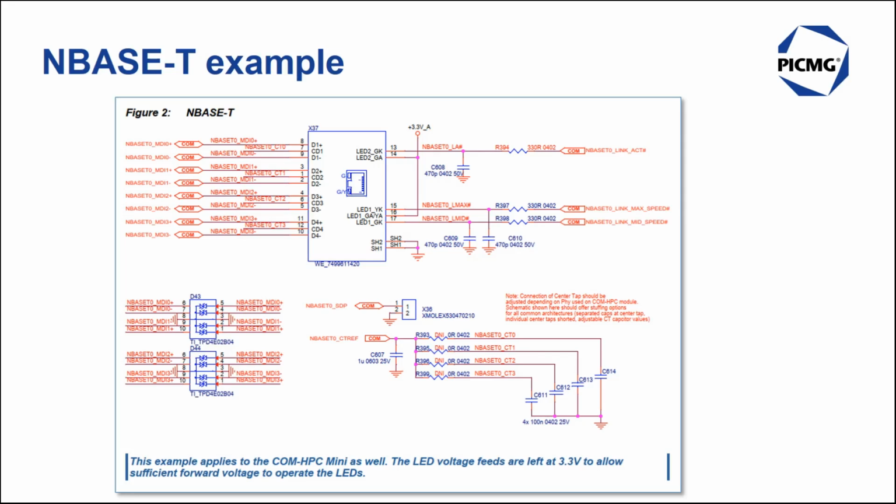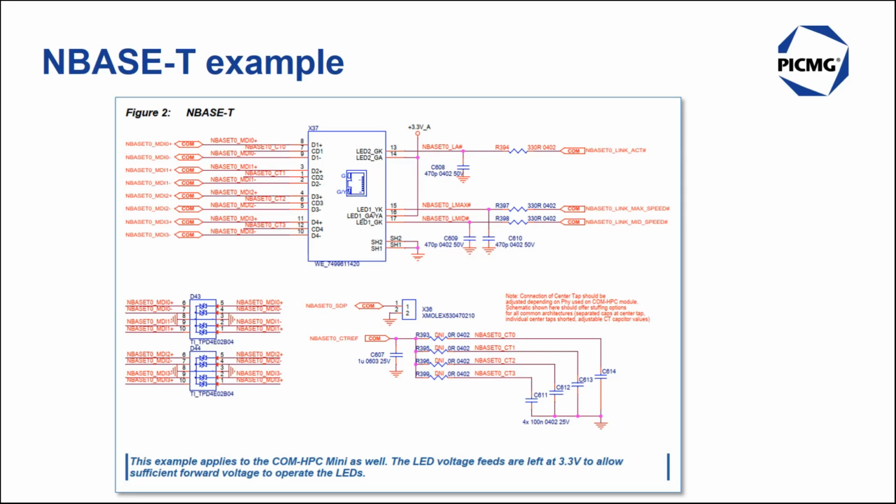And, unfortunately, it cannot be guaranteed that this document will always be kept up to date. Nevertheless, the example circuits are also a great help in future when a carrier is developed. The components selected in the carrier design guide will continue to be a good starting point for research in the future, especially if you are developing a COM-HPC carrier for the first time. You will find many good examples and additional hints here.